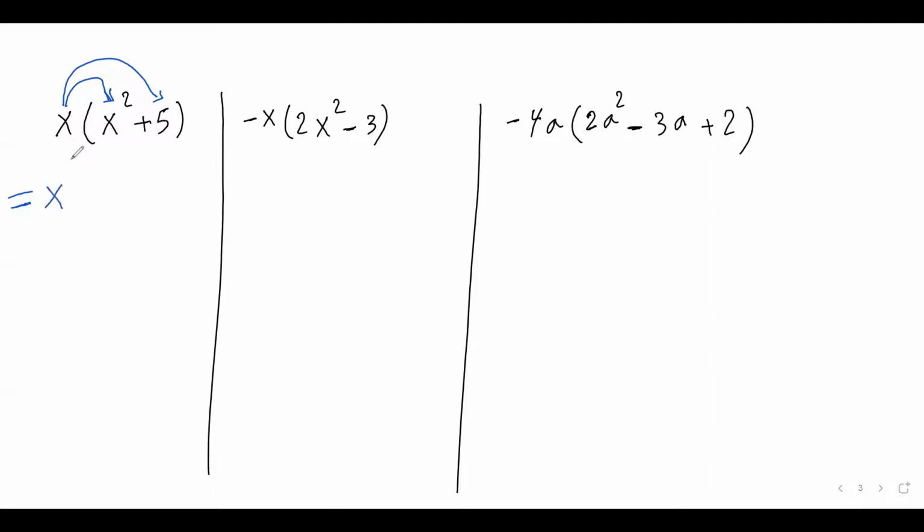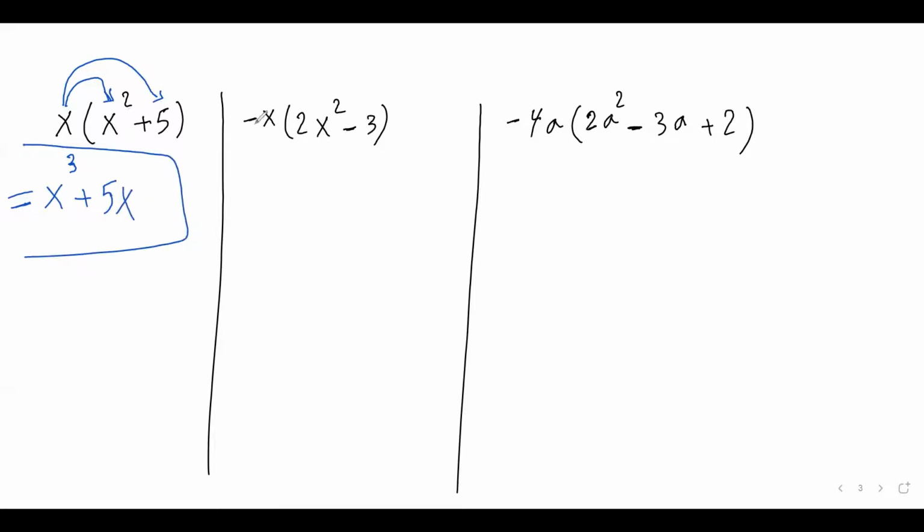So x to the power of 3. If you don't remember the exponent rules, you can watch my other video. I put the link up here. You can just check it out. So x times x squared is x cubed. x times 5, that's just positive 5x. This is the simplified version of this expression.